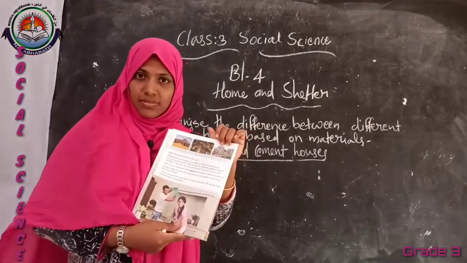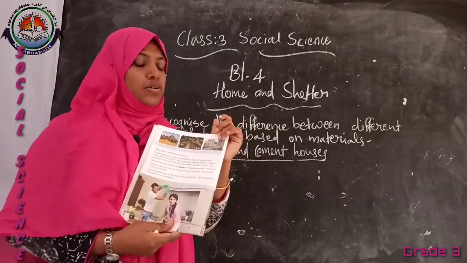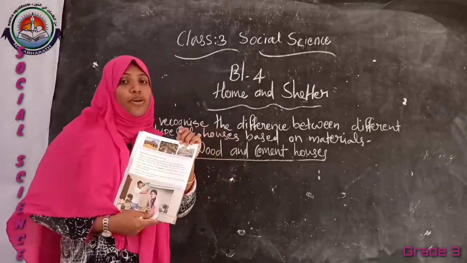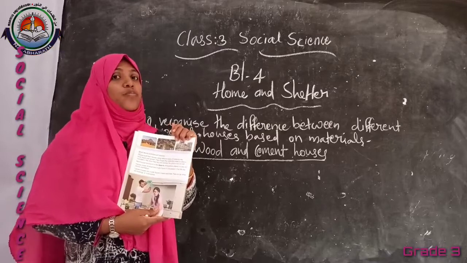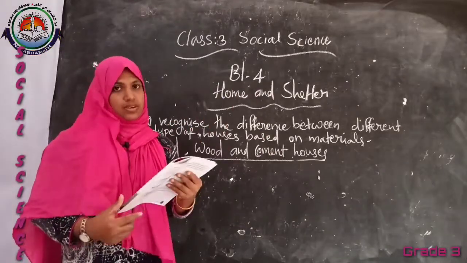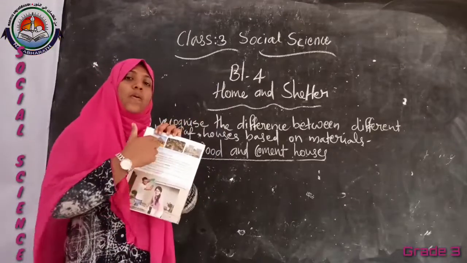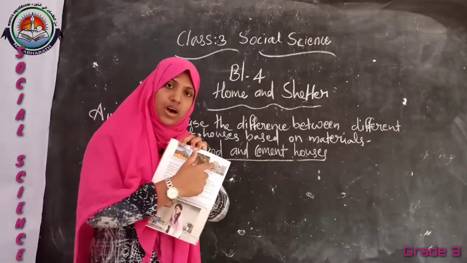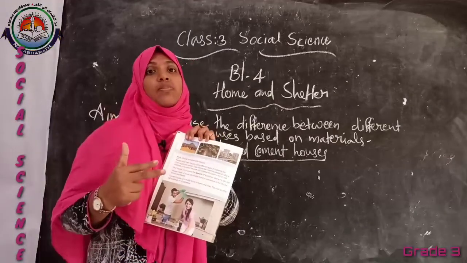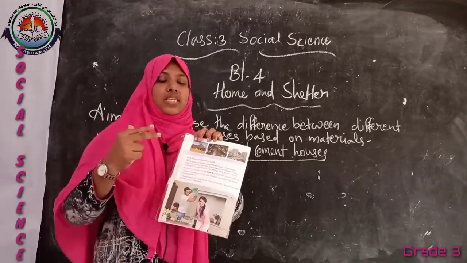Then cement house, a tall building. Third picture, it shows a tall building and it is built with cement. Understand? So these all pictures are different type of houses. They look different and are made up of different materials.